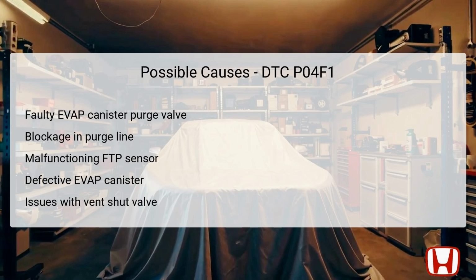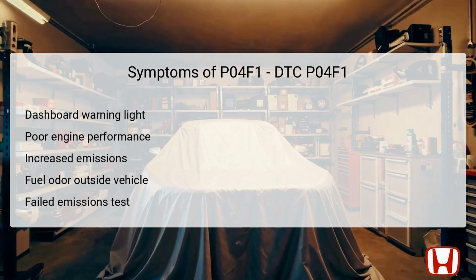Additionally, there could be defects in the EVAP canister, which may fail to properly store vapors. Lastly, if the vent shut valve does not operate correctly, it can create a vacuum leak or blockages that impair the overall system functionality. Each of these potential causes must be thoroughly examined to ascertain the exact origin of the DTC.